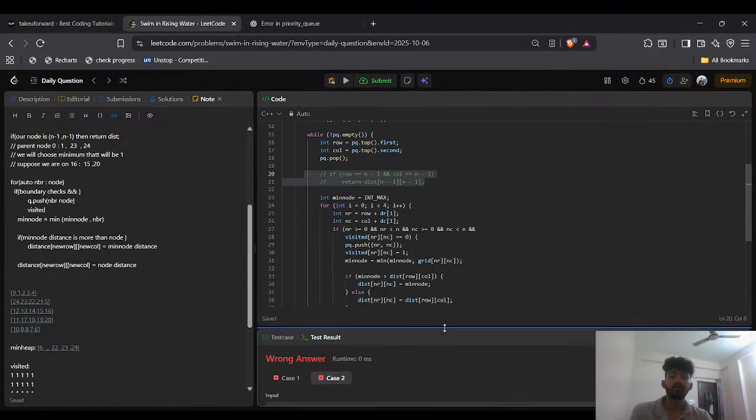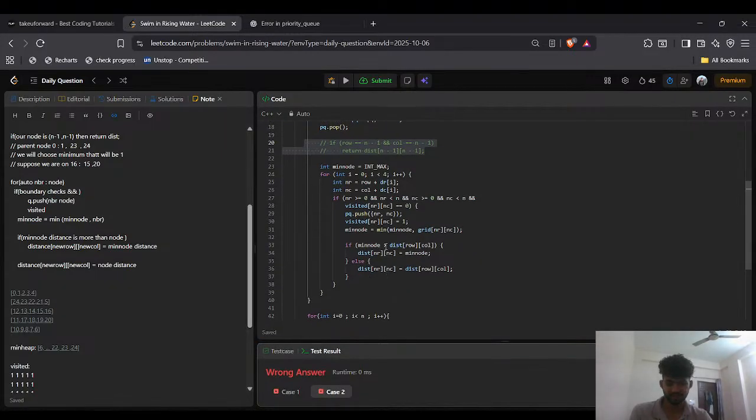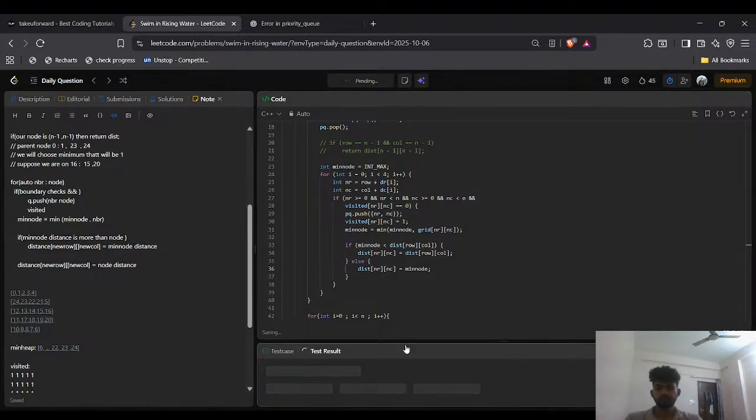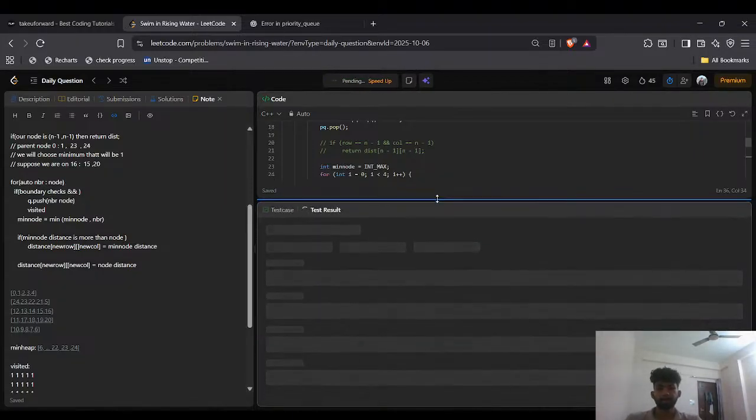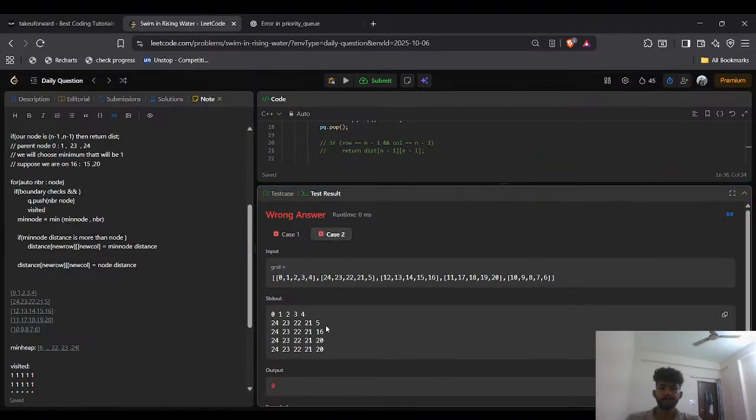If min node value is less, I will do this here. Then 16 still.